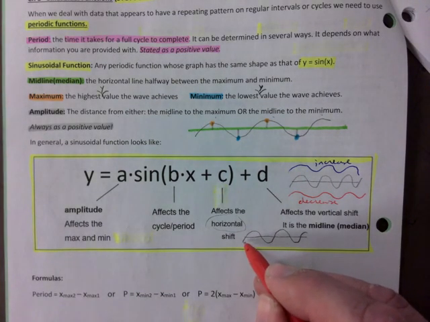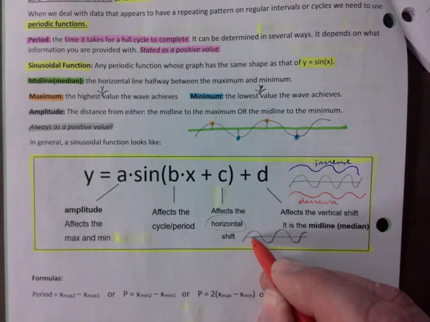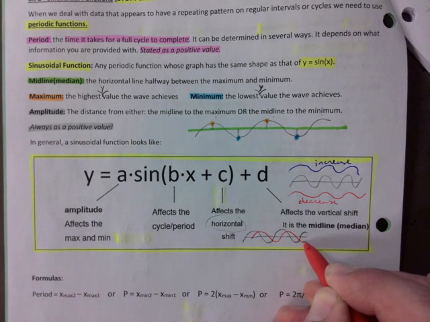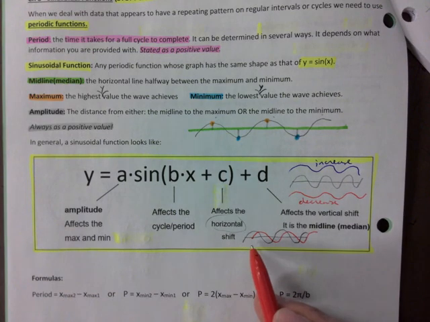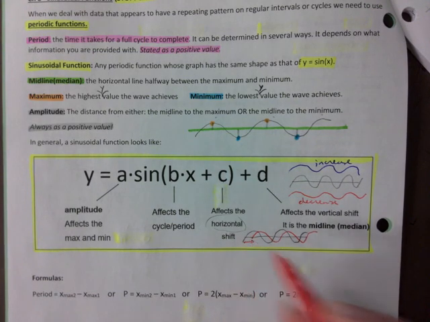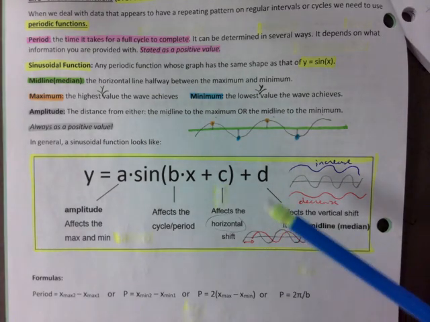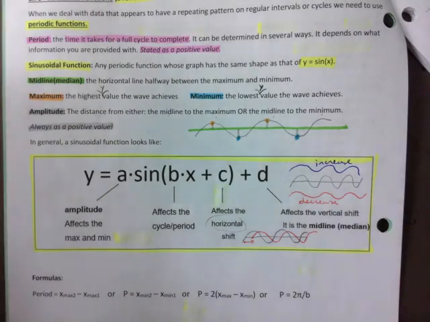So technically, if you shift this over just a little bit, you copy it, but you're off centered. You can shift it right. In this case, it could also be shifted left, but it gets too complicated. So just make sure you know what C and D do to the function. How do they change it? It's important for you to know it.